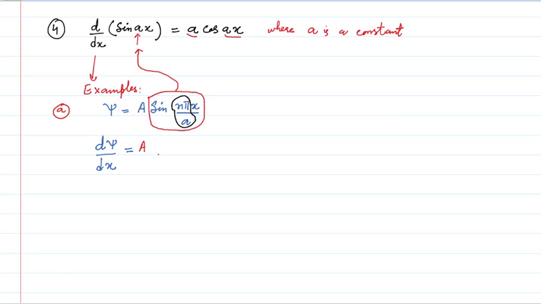So you will first take this constant outside, so we will write here n pi upon a, and then this sine will change into, because we are differentiating sine, it will change into cos, and write the full function that is there, cos n pi x upon a. Okay, so which formula have we used? Simply this: d by dx of sine ax will be equal to a cos ax.